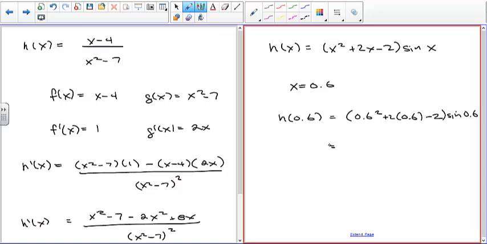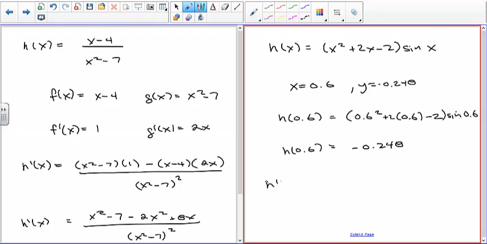So we'll have 0.6 squared plus 2 times 0.6 minus 2, which is negative 0.44, times the sine of 0.6. And I get negative 0.248. We'll carry 3 significant figures. So that's the value of the function, so what we have is our point.